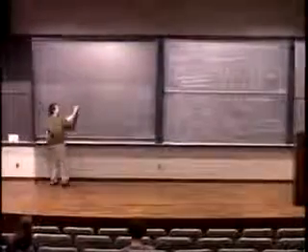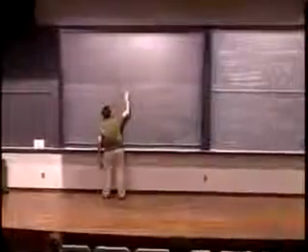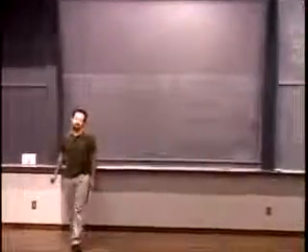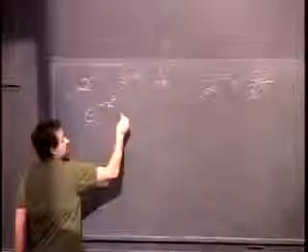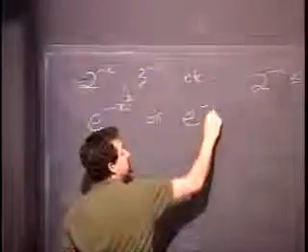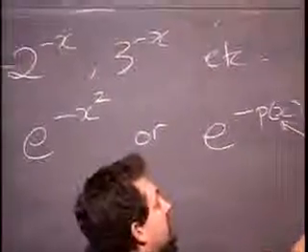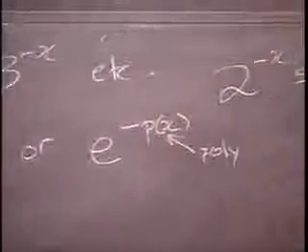For example, 2 to the minus x is less than or equal to some constant over x to the n, and you get to choose the power, and you can make it very large. Also, it doesn't even have to be x. It could be e to the minus x squared, or e to the minus p of x, where p is any polynomial, as long as the leading coefficient is positive.